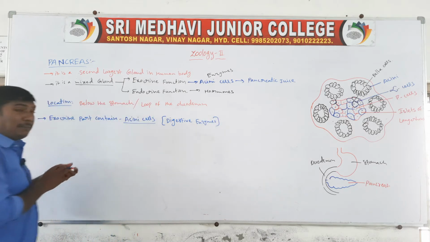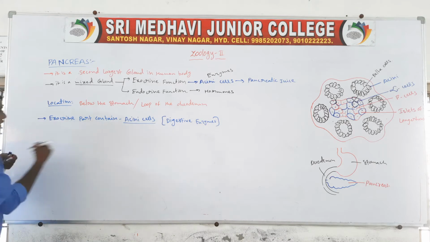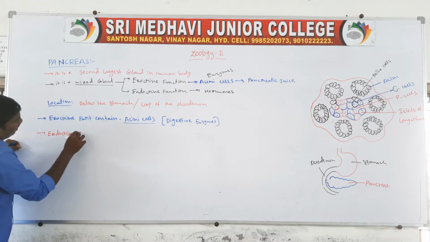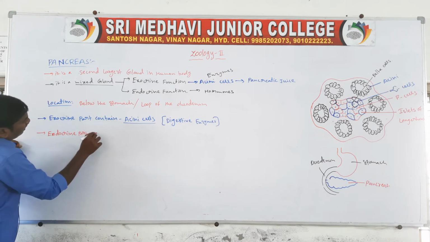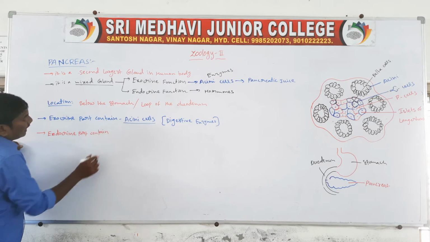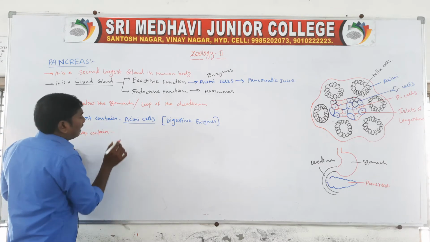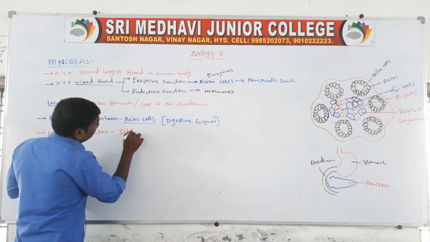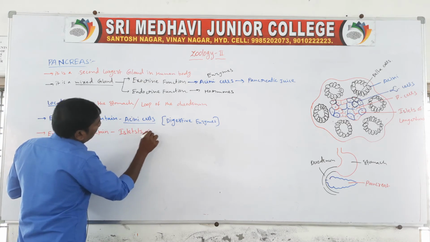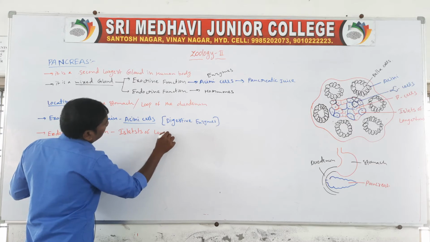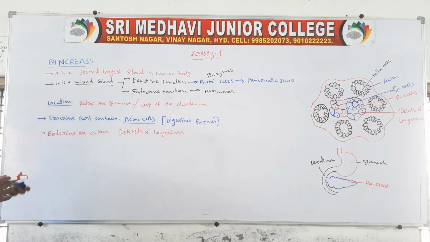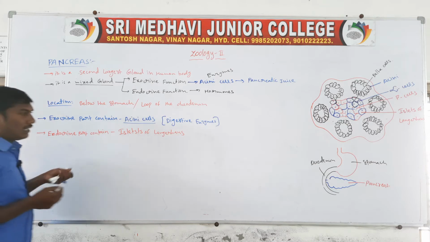Next, in the pancreas, the endocrine part contains islets of Langerhans.